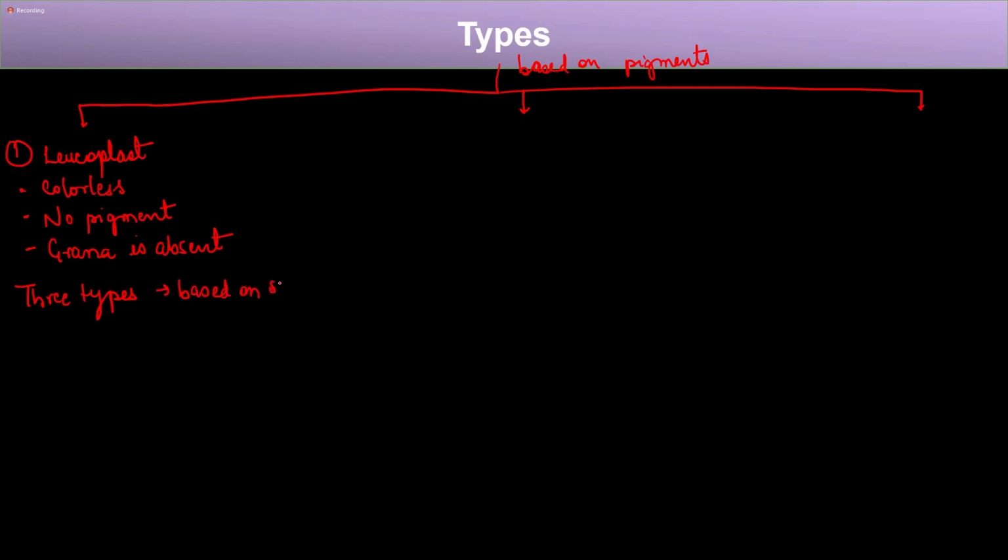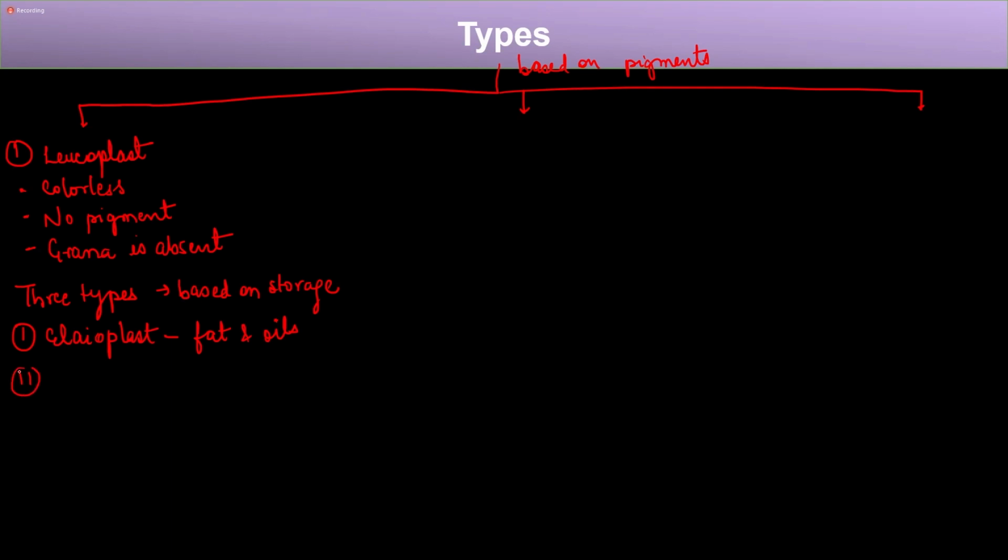Based on storage, leucoplasts are of three types. The first type is helioplast, and the helioplast stores fats and oils.